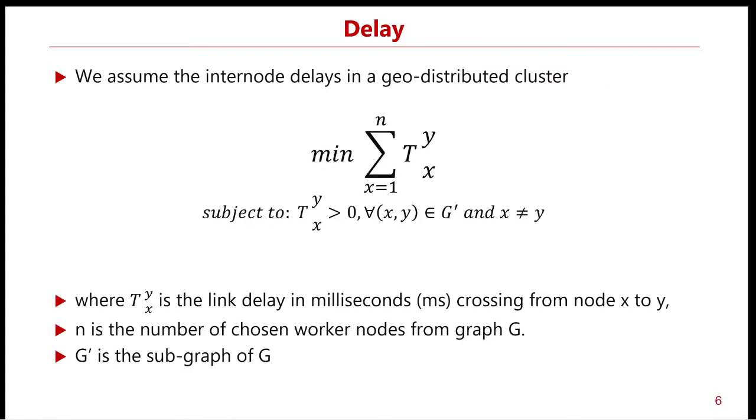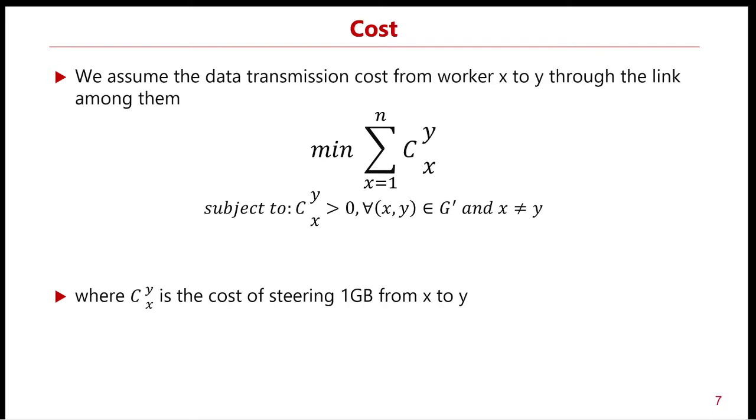To model the problem, first we model the delay. We assume the internode delay in a geographically distributed cluster. Suppose that we have selected a subset of nodes from network graph G, and the goal here is to minimize the sum of delay. So we use T_XY as the link delay in milliseconds between node X and node Y, and here N is the number of chosen worker nodes in a cluster, and G prime is a subgraph of G. Similar to delay, we model the cost as follows.